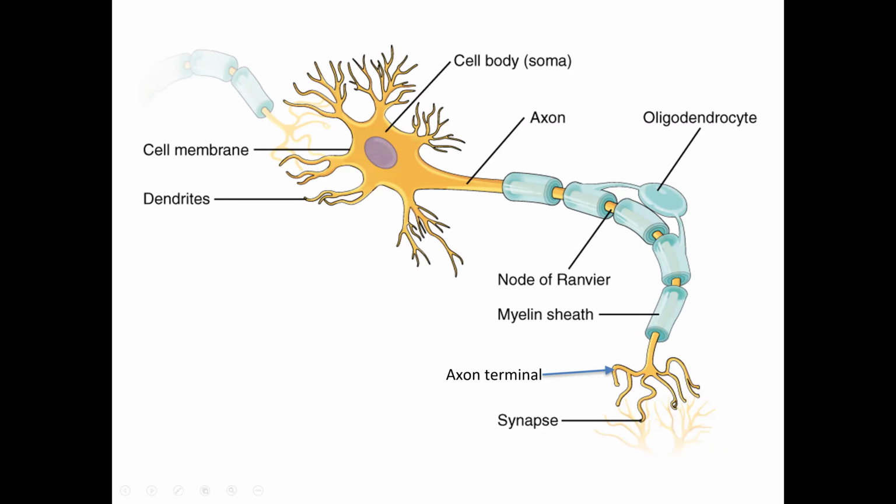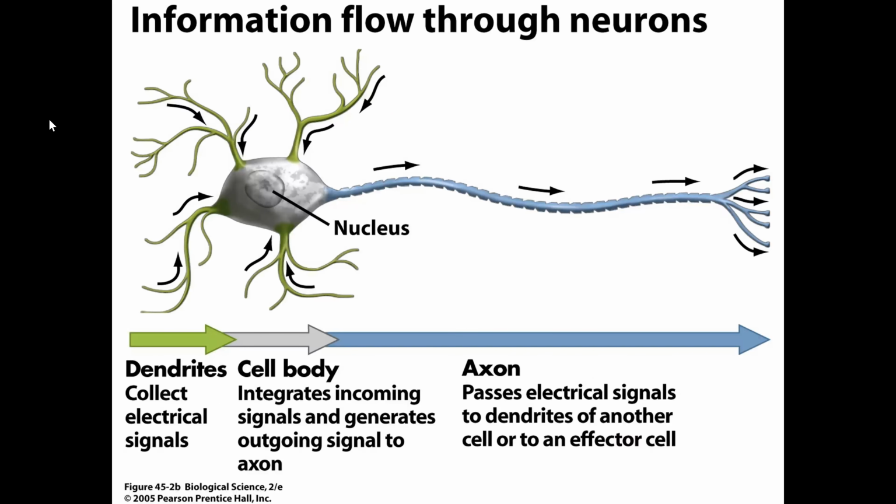And we already looked at the picture. So here's how information is flowing. Here's our cell body. Those are dendrites. So dendrites are receptive structures. They receive impulses from other neurons, and they collect electrical signals and send them towards the cell body. The cell body integrates incoming signals and generates outgoing signals to the axon.